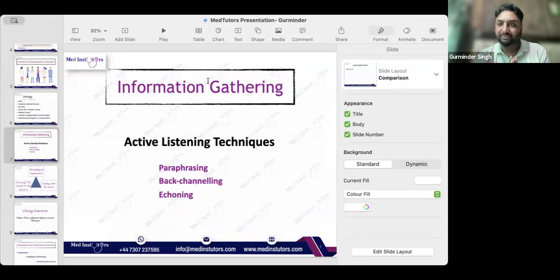Now, in the real scenario of the test, what would happen? Your interlocutor would have bullet points, and it's their duty also to be to the point and stick to the card. So we cannot think that the patient or the interlocutor is asking irrelevant questions which are not in the role play card. So we need to answer.